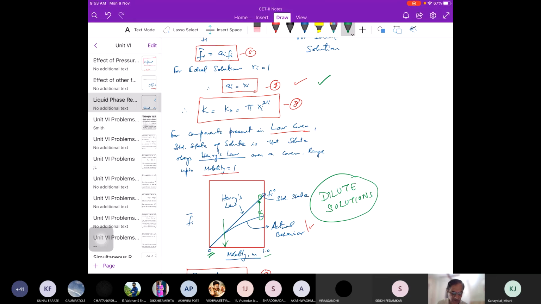Molality here has a limit of 1, but as close as possible to 0, that means 0.1, would be better. As we go toward 1 the variation keeps increasing, that means error will increase. And for higher concentrations we can use a_i equal to the actual concentration, that is mole fraction. Okay, any other questions?